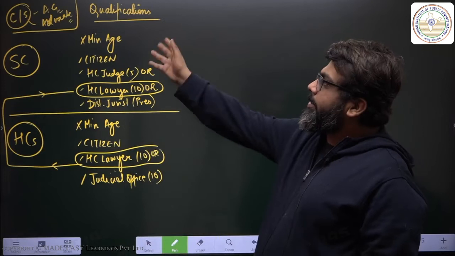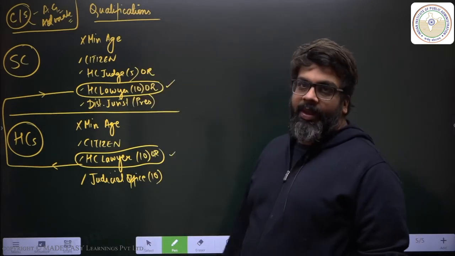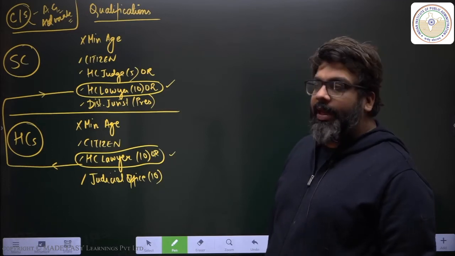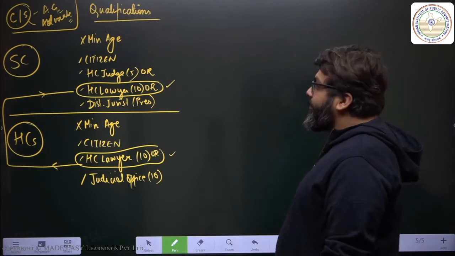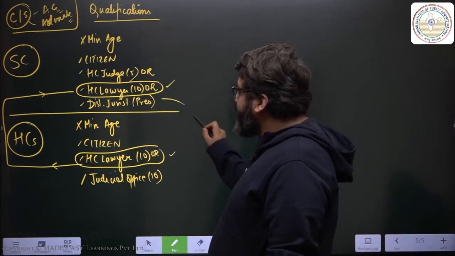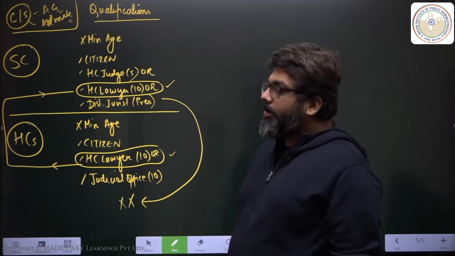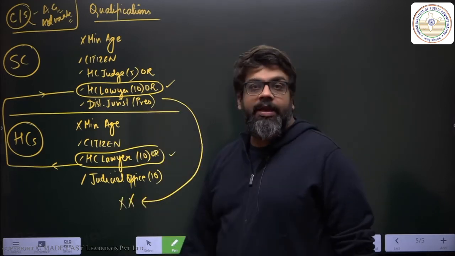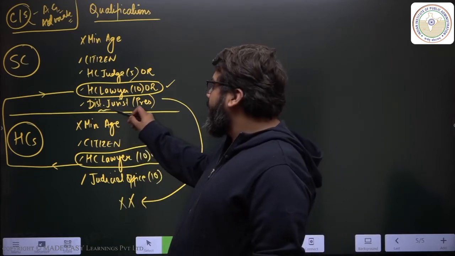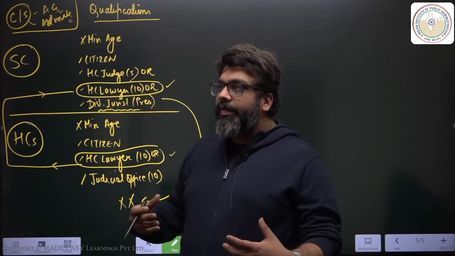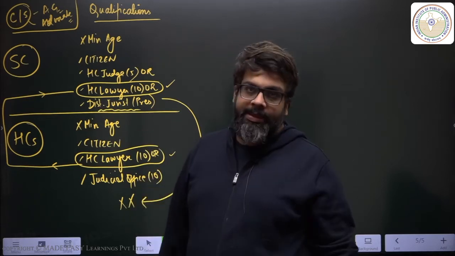If I just take the center-state away, and the work is more or less the same, then the qualification can also be the same. So if that is the case, why was distinguished jurist not added here? Because the Supreme Court is the final interpreter of the Constitution, and sometimes you would require a very academic understanding of Constituent Assembly debates.